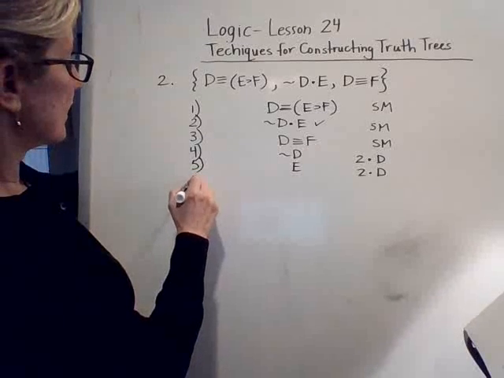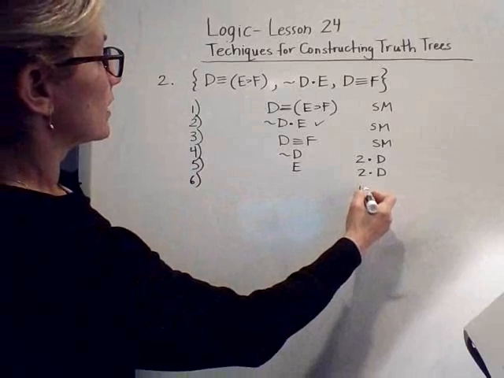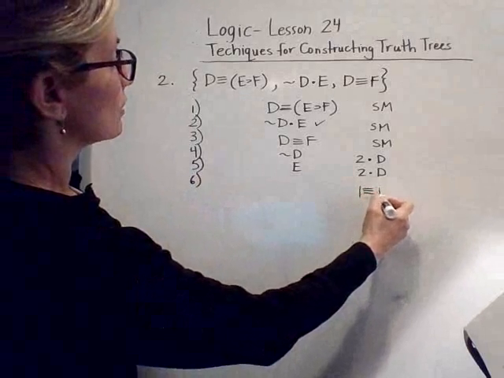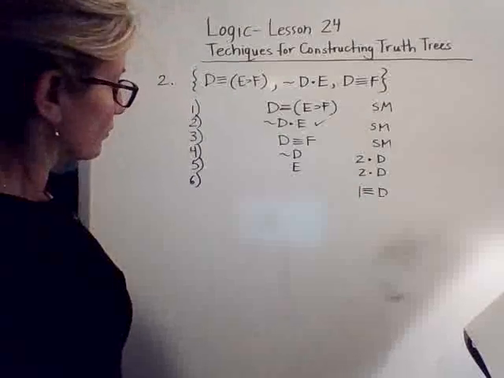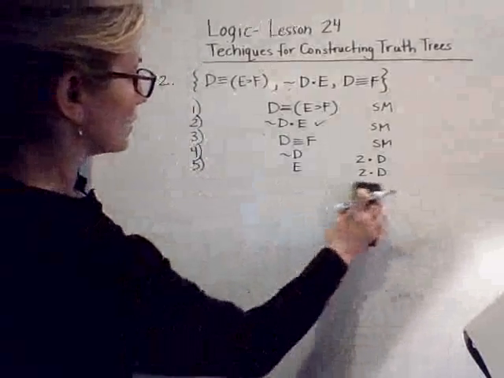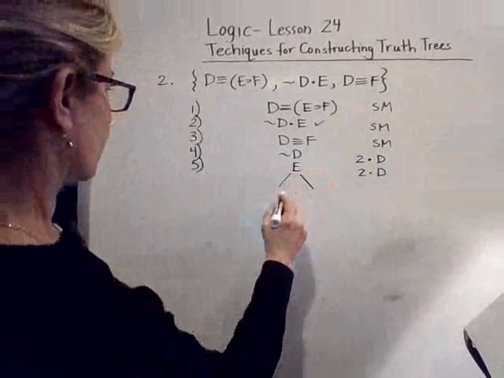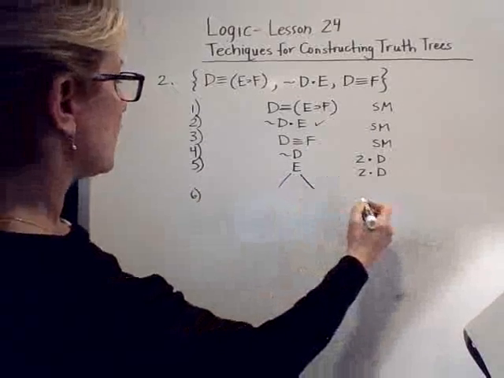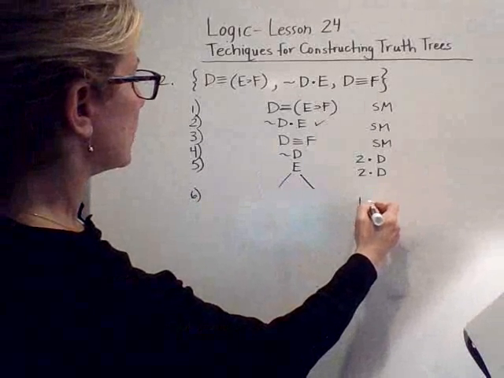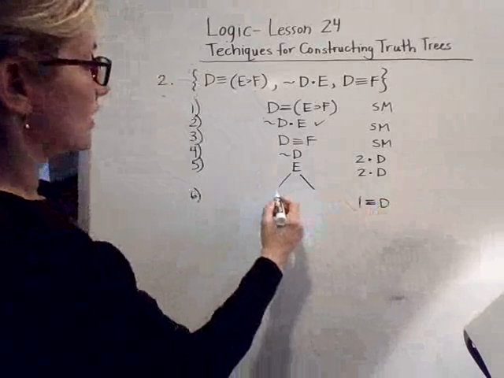So line 1, biconditional decomposition. Oh, you know what? We need to give ourselves a little room for the branch. I always forget about that. So here's the branch, and we'll write 6 a little bit lower. This is line 1, biconditional decomposition.